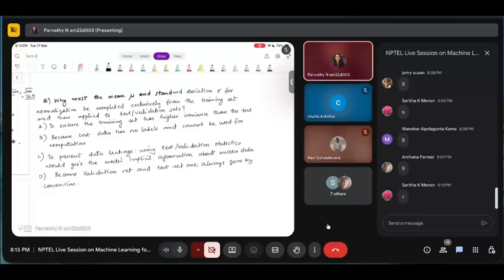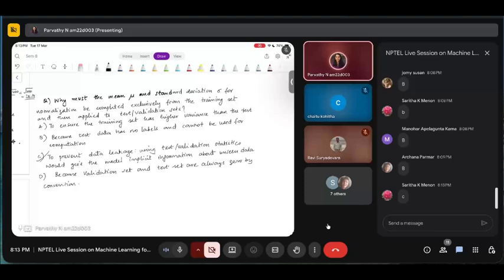And then you have to apply that to the test or validation set. Yeah, so the answer is C.